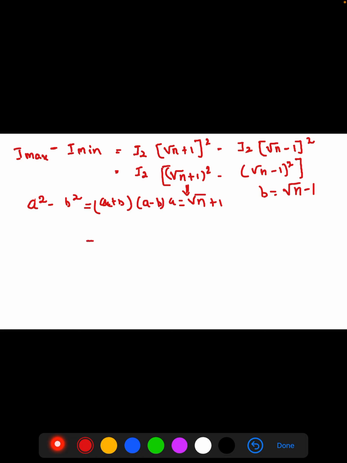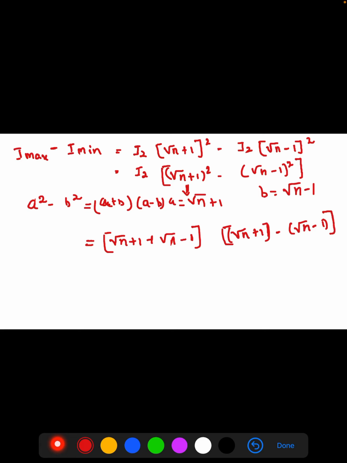Now a plus b is root n plus 1 plus root n minus 1, into a minus b, where a is root n plus 1. Look carefully, we have one minus, and b is root n minus 1.